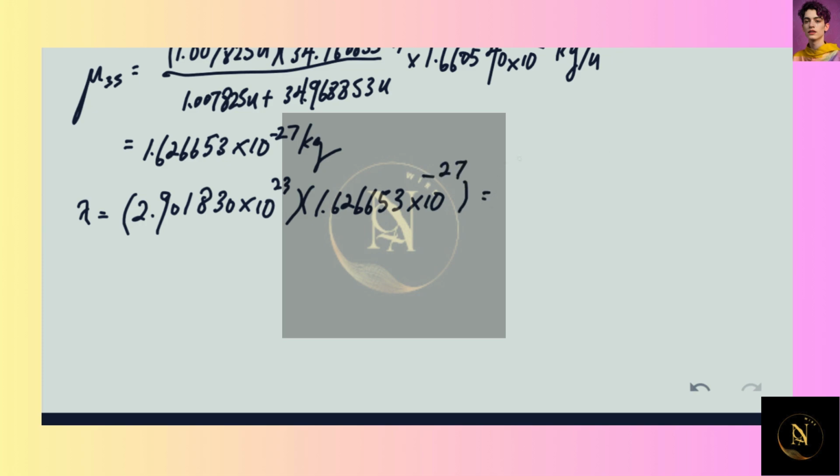Then we should get about 4.72 times 10 to the power minus 4 meters, which is also equal to 472 micrometers.